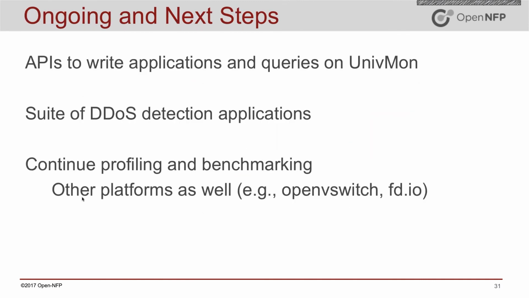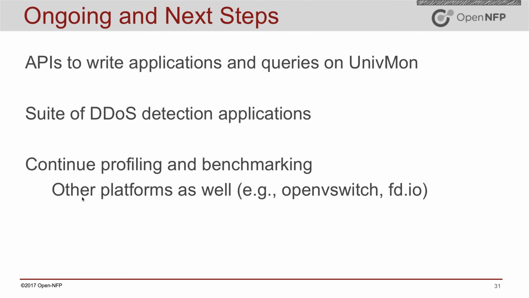So where are we right now? I do want to tell you a little bit about where we are going with this work. I think there are a lot of exciting opportunities in this space. One thing we want to do is write suitable compilers or APIs to write monitoring queries on top of universal monitoring.